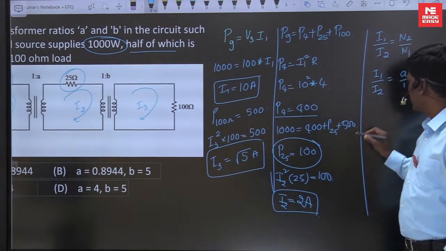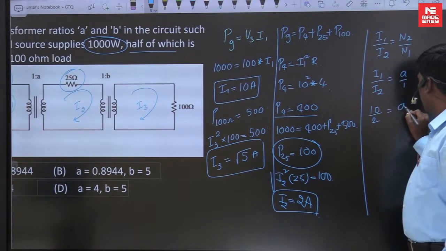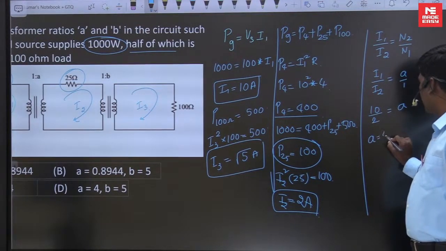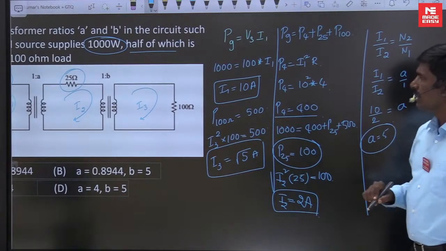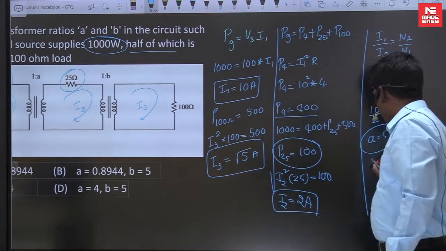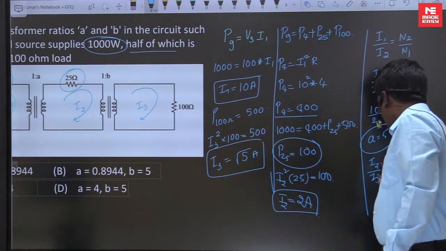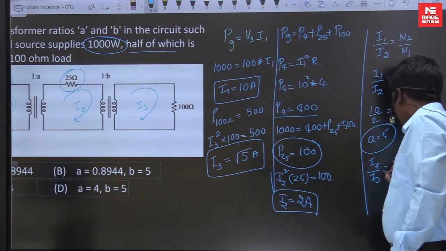Substitute: I1 is 10, I2 is 2. A is equal to 5. In the same way, I2 by I3 is equal to B by 1.